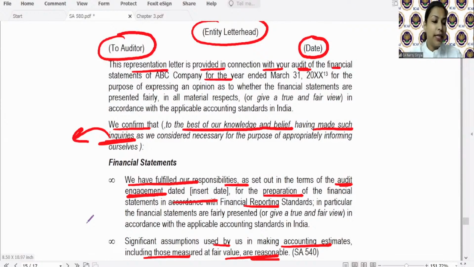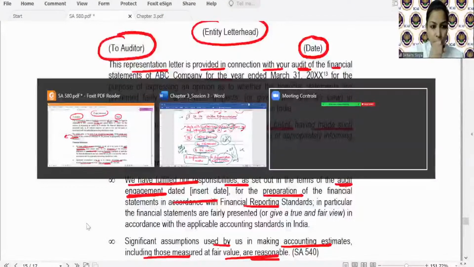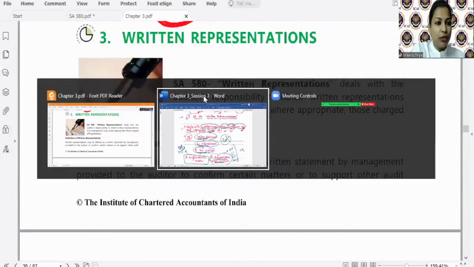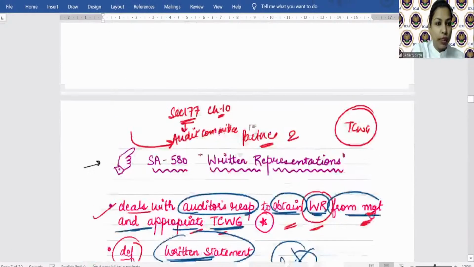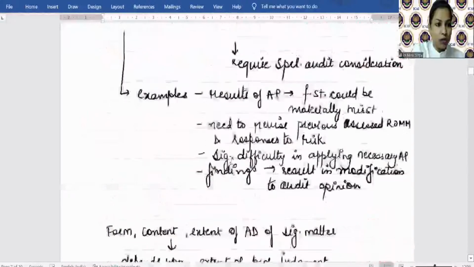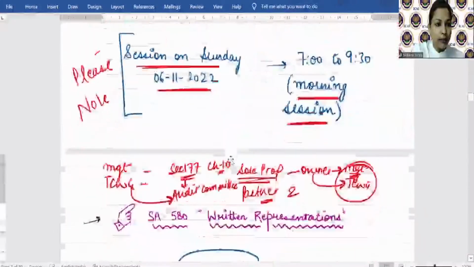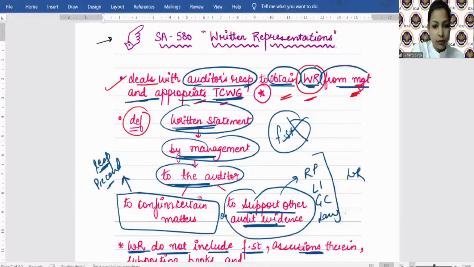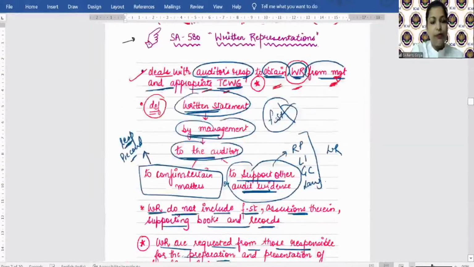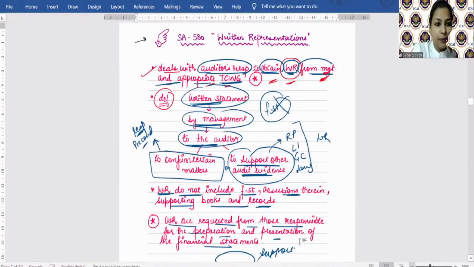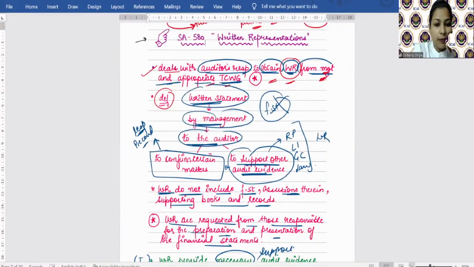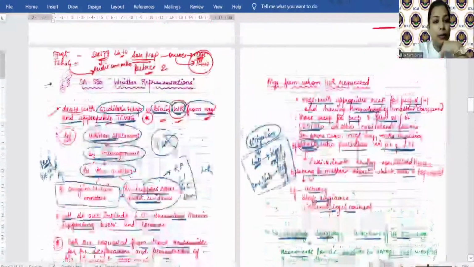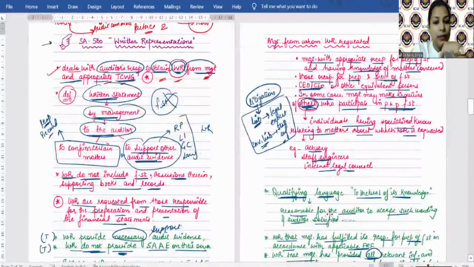Okay, so let us quickly have a look at your module. First of all, for all those who want to take a screenshot of this, you may take it. Just a minute. So this is the written representation.